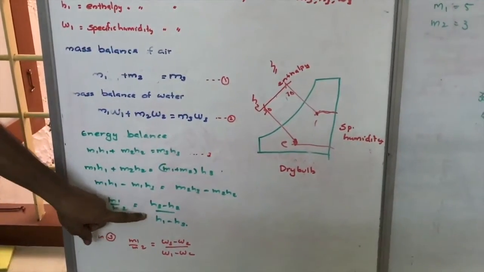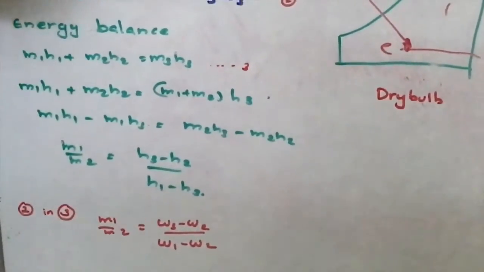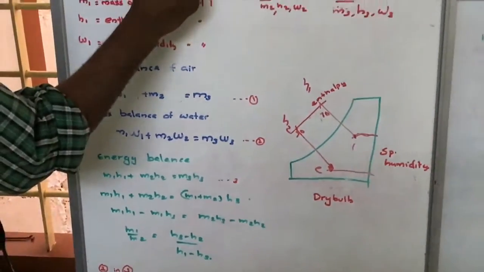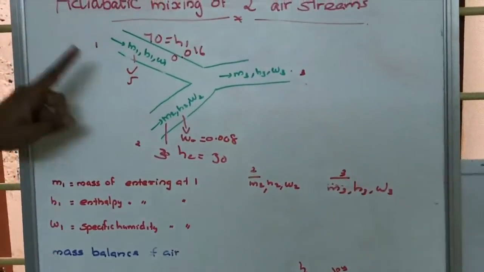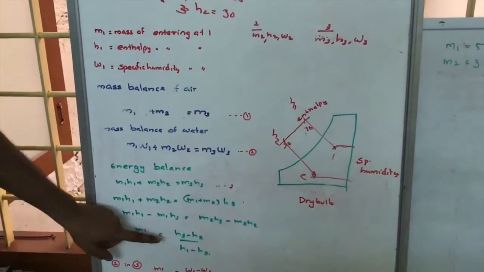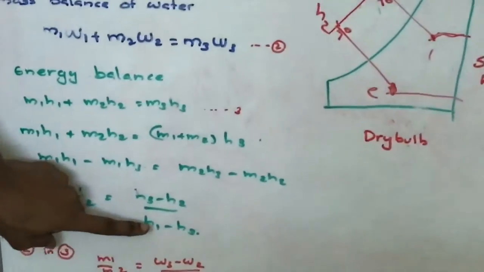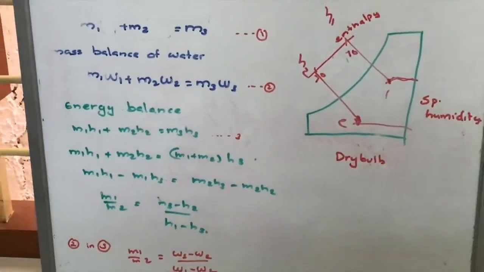H3 can be found using this formula. If M1 is taken as 5 and M2 as 3, then M1 by M2 is 5 by 3. H3 is unknown, H1 and H2 are known, from which we can find H3.